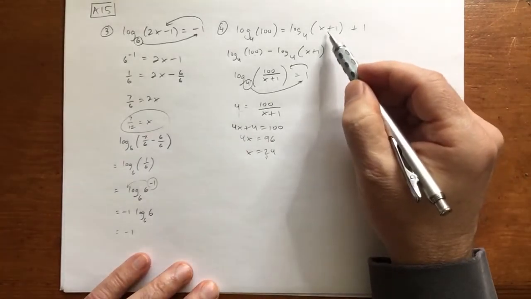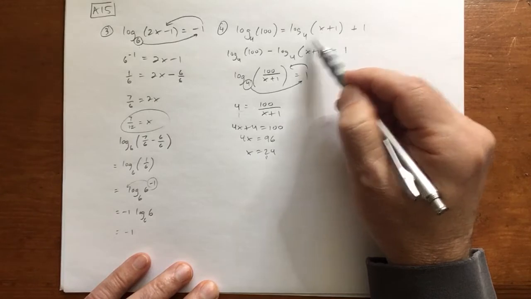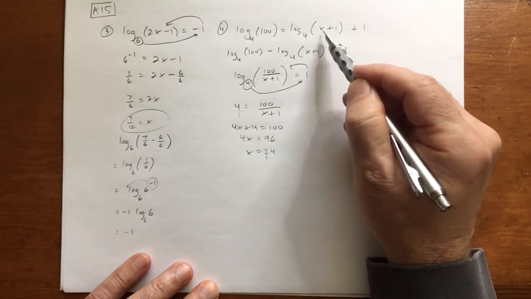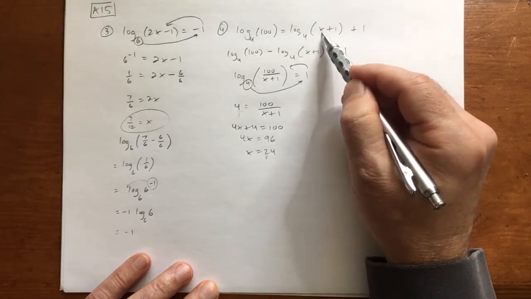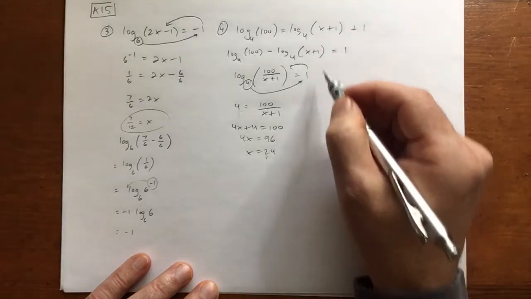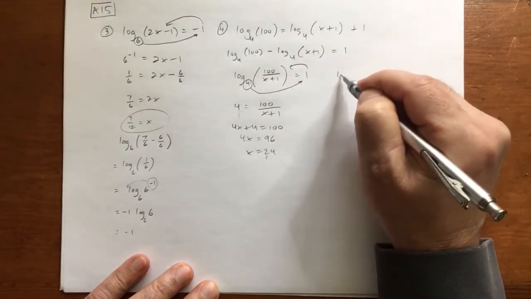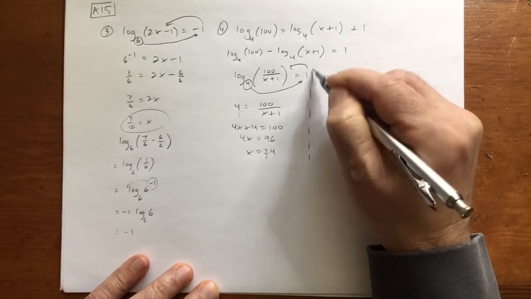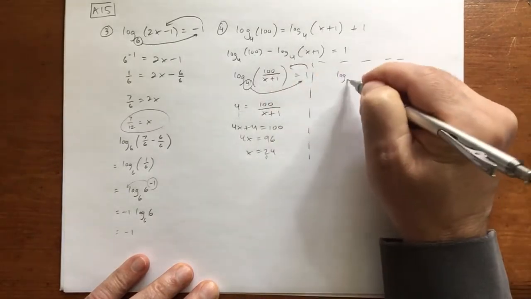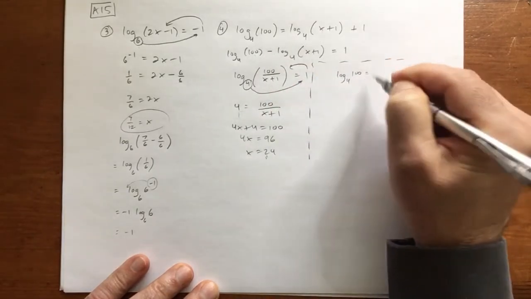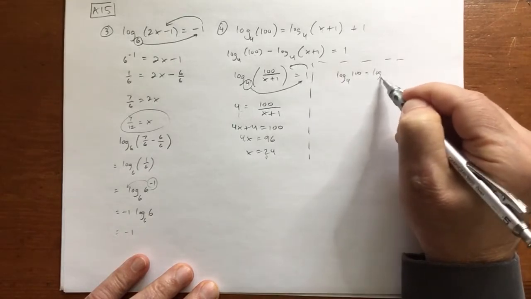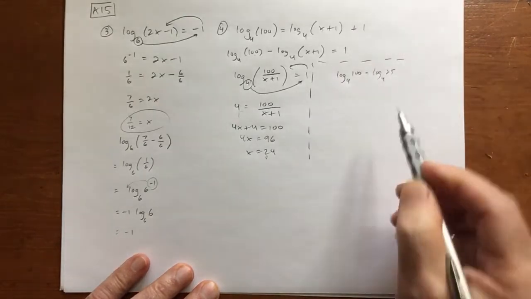So if I go ahead and try to put the 24 here, let's see what I get. So I'm going to do it this way this time. So this is my check. So on this side I have log base 4 of 100. On this side I have log base 4 of 25.